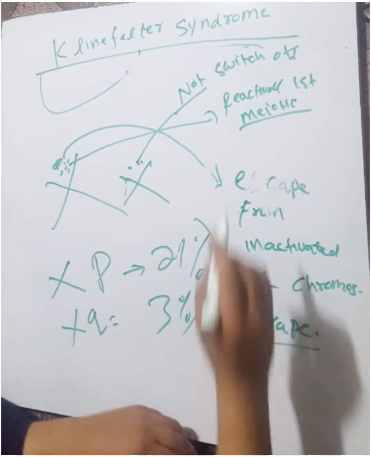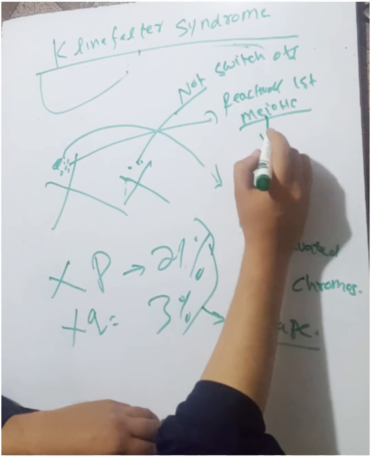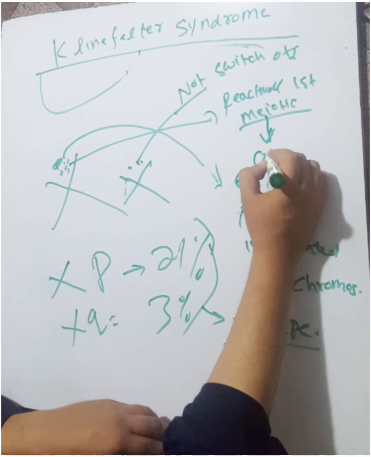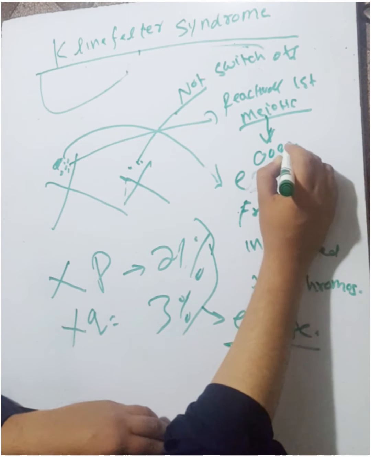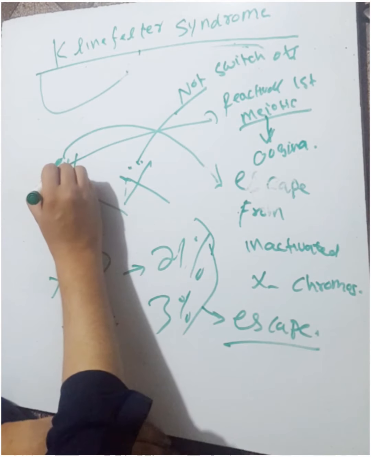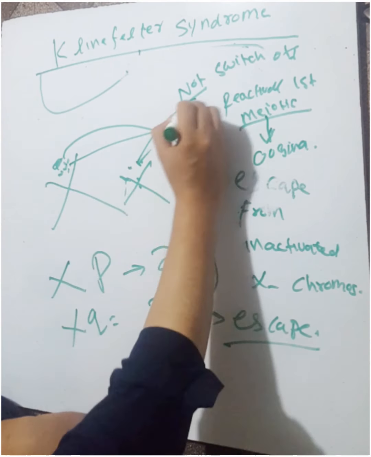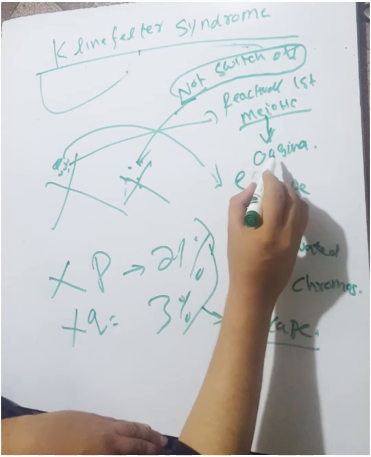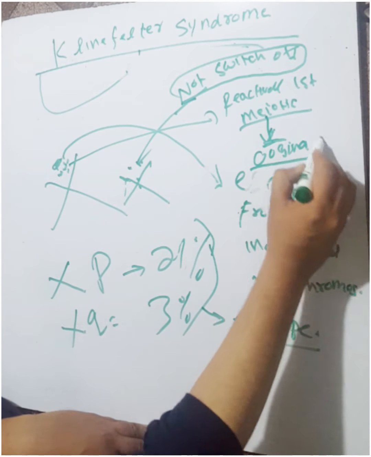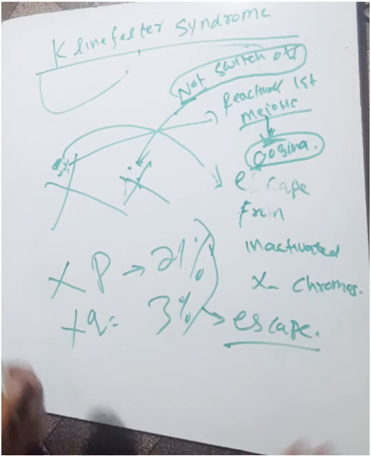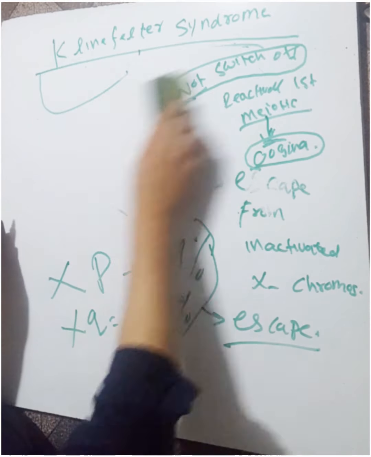In the oogonia, before the first meiotic division, the inactivated X chromosome becomes reactivated. This is the case when there are two X chromosomes.